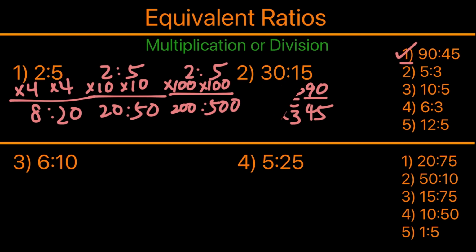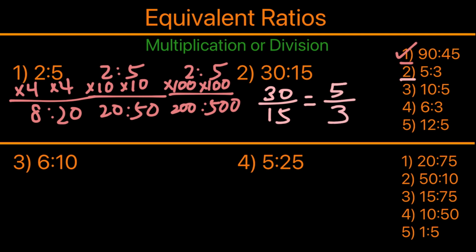Now what about number 2? So let's do the same. 30 over 15, and then the second one is 5 over 3. In this example, 15 would need to divide by 5 to become 3. And if we take 30 divided by 5, the answer should be 6.